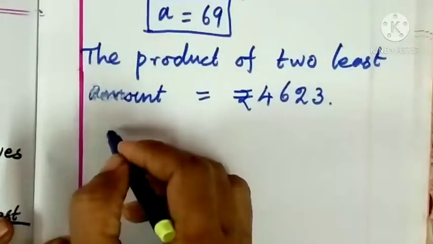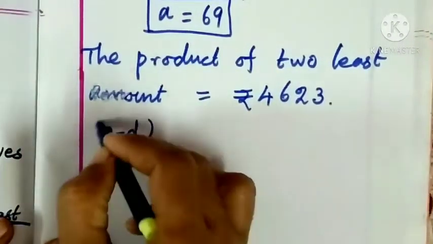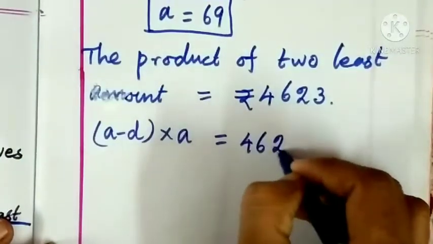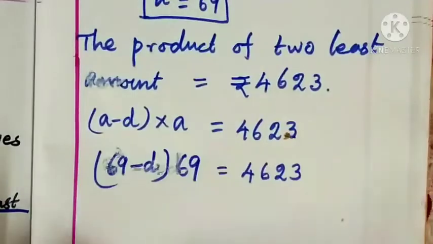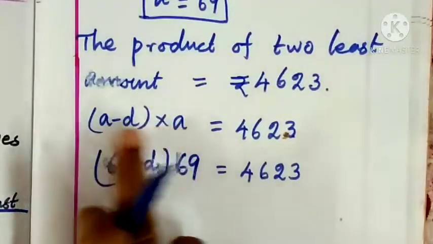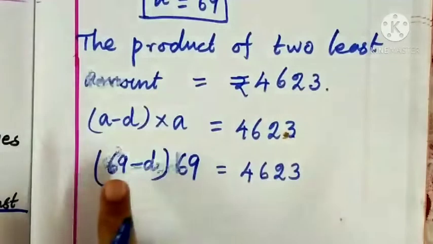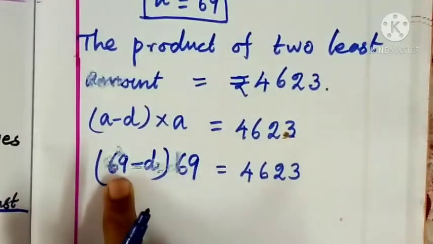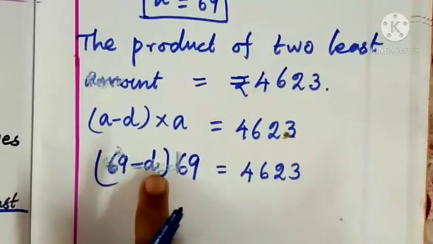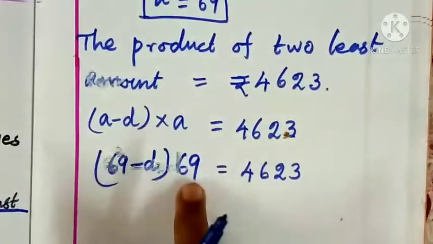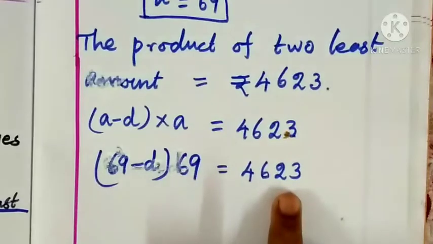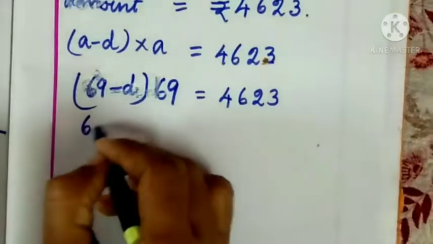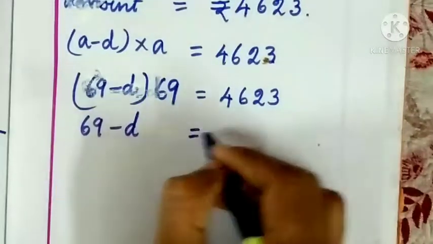See, A minus D into A is equal to 4,623. Now, here you have to apply the value of A, that is 69. Instead of A, you have to apply 69. That is 69 minus D into 69 is equal to 4,623.